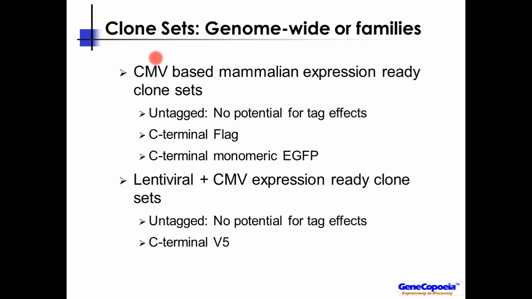These clone sets are CMV-based mammalian expression-ready clone sets, and they come either untagged, which can be advantageous because there's no potential for tag effects. They can also come with C-terminal flag tags or C-terminal monomeric EGFP tags. In addition, we have lentiviral clone sets, which again carry the CMV promoter, and these come either untagged or with C-terminal V5 tags.